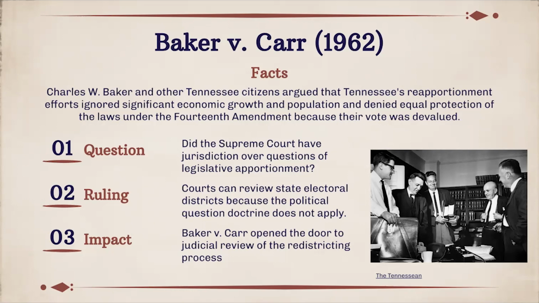And within a couple of years, by 1966, so within like 4 years, 46 states had to redo their redistricting because they'd been sued and had to go under this judicial review, or did their redistricting so that they didn't get sued, one or the other.